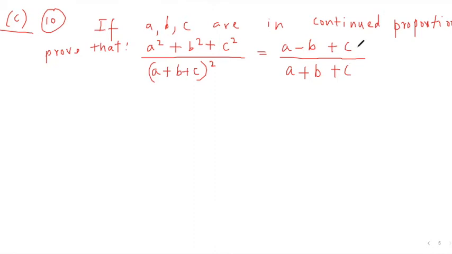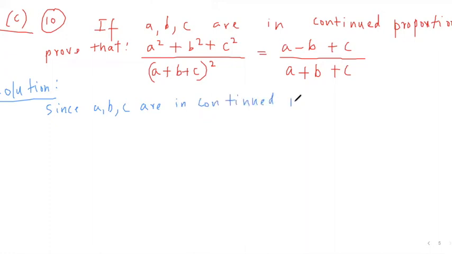Again, since these are in continued proportion, and you have A, B, C, the solution: since A, B, C are in continued proportion, A by B is equal to B by C, right?